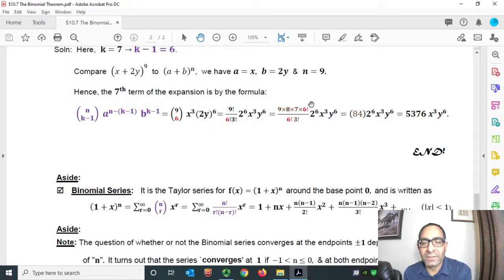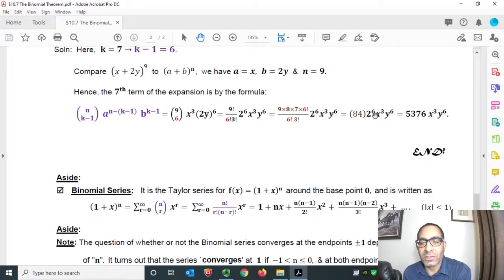We cancel the 6 factorial here. And then 3 factorial equals 3 times 2 times 1. So the 3 cancels the 9 three times. The 2 cancels the 8 four times. So we have 3 times 4, 12, times 7, 84 left as our coefficient on the numerator, and then the rest as it is.